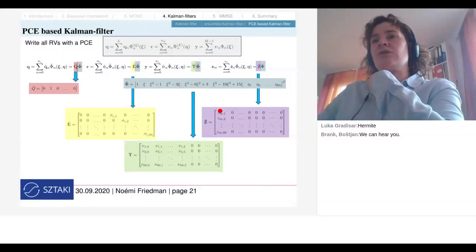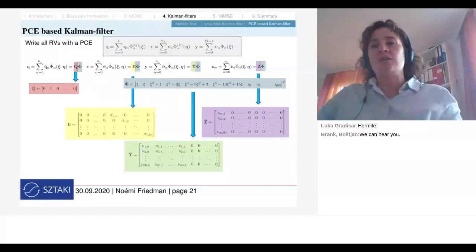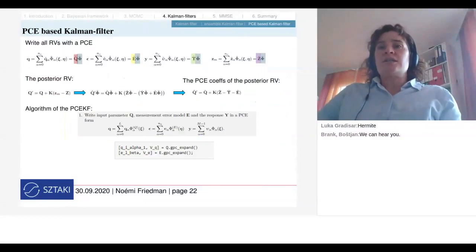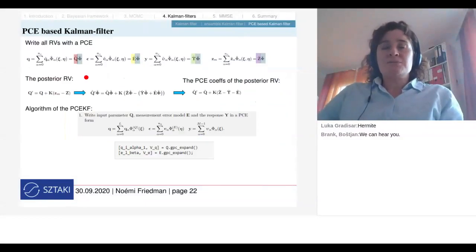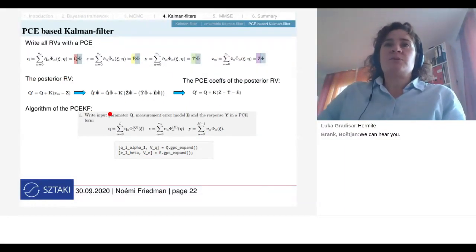So I just put the ZM vector in this first column, and the rest of them I just cancel out. So this is the common PC basis. And then I can write what this expression is actually, and this you can see here. And it's just a simple PC algebra to put them all together.